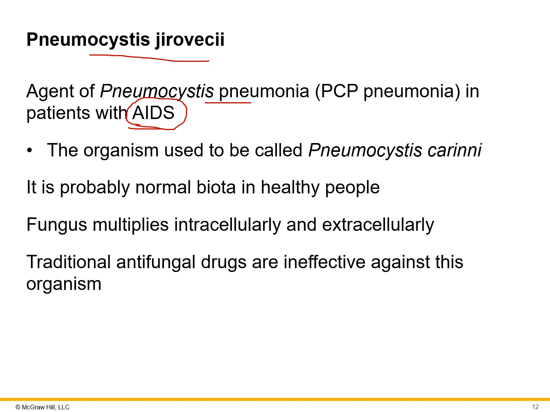The organism used to be called Pneumocystis carinii. It's been updated for various reasons, but it's probably part of our normal flora in most healthy people. But in individuals with AIDS, as their immune system weakens, it allows these opportunistic pathogens to take over.